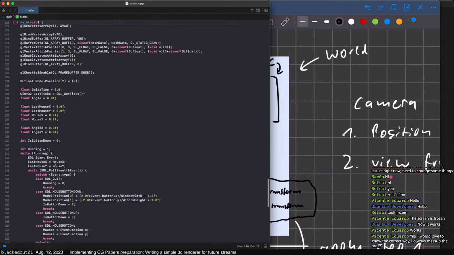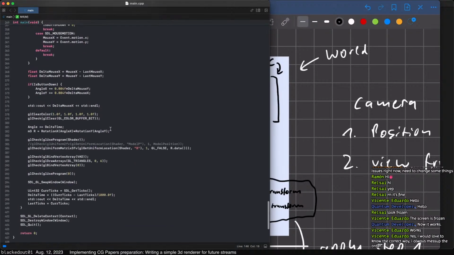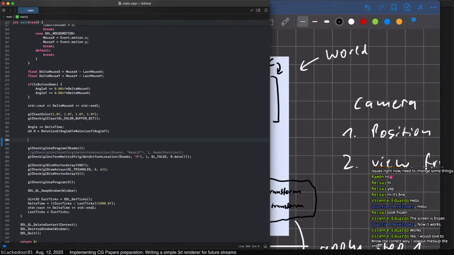Okay, and now I want to test this function. Maybe it works. And maybe remove the other output.